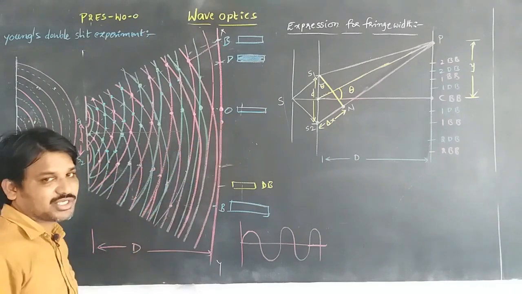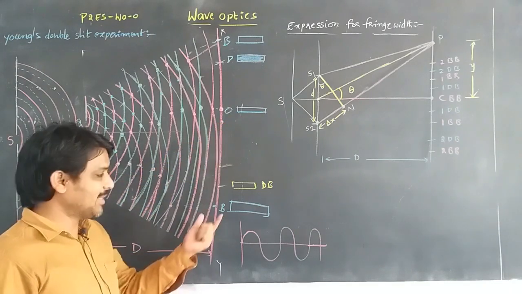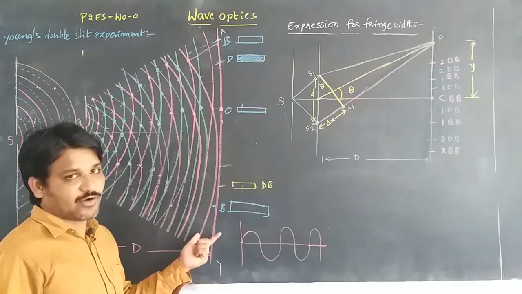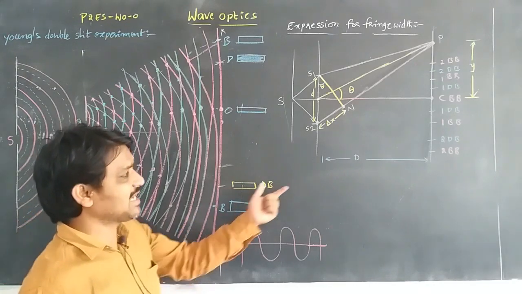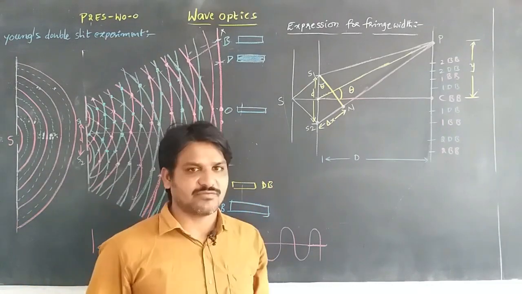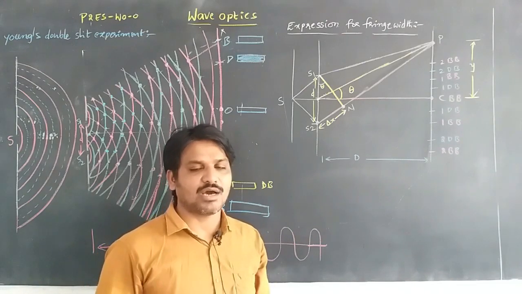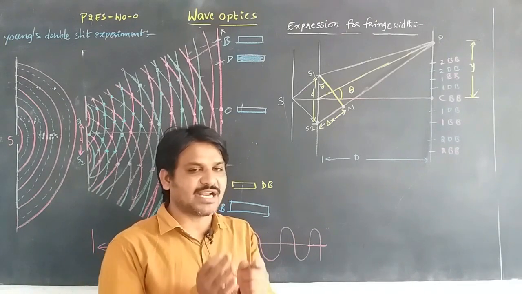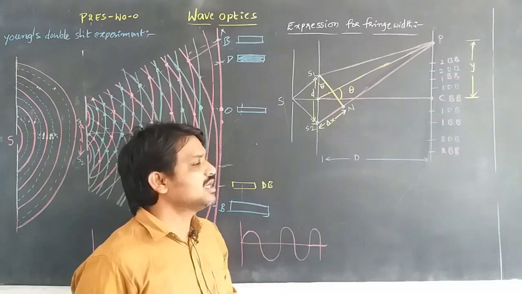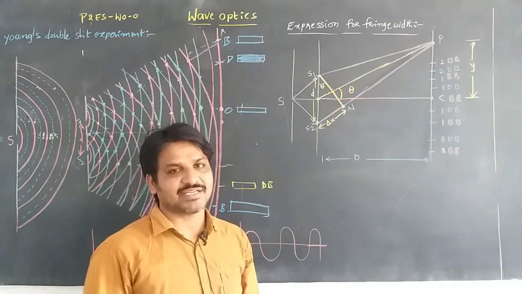Due to destructive and constructive interference, bright bands and dark bands are formed. In this schematic diagram we want to know the fringe width. Fringe width means the width between a bright fringe and a dark fringe. We are going to study the mathematical expression.